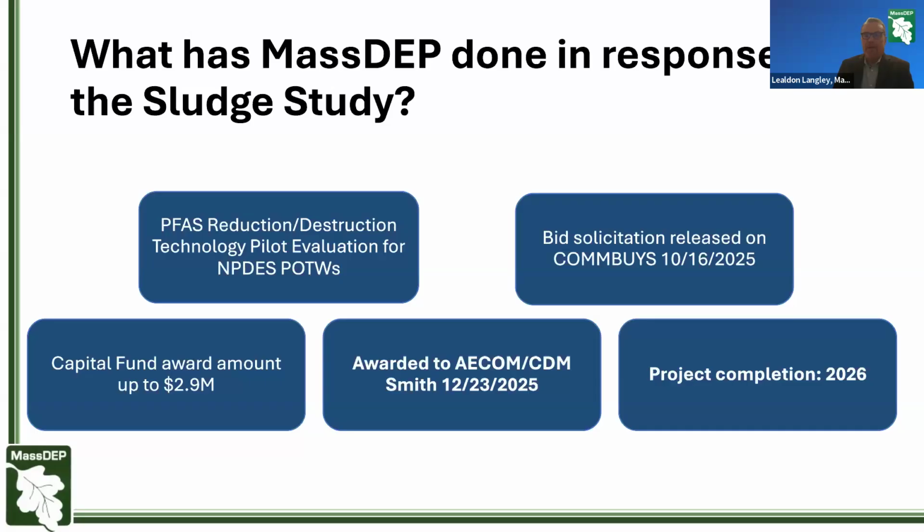The main portion of the grant was awarded to AECOM, who is partnering with CDM Smith, and that began in December. We're currently working with them to finalize the technologies that will be sampled as part of the piloting project, and finalize all of the sampling that will occur, and other details and logistics, so that we can commence the study.